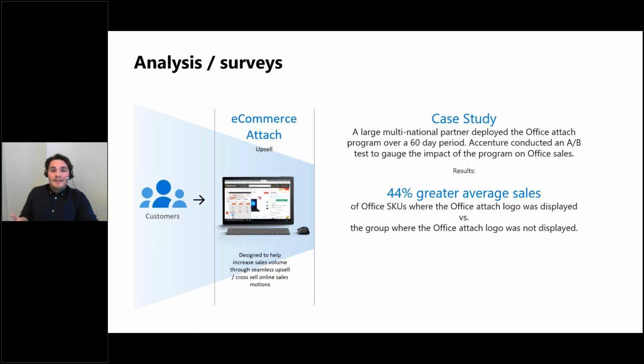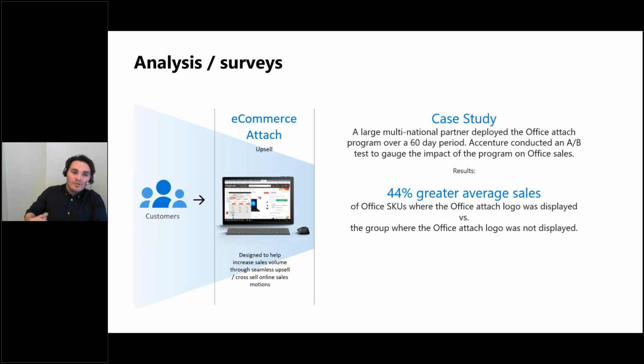But by implementing the Office attached widget, we've seen that we get a 44% greater average sale, which means that customers increase their purchase from all of you out there by adding Office to their hardware when purchasing it.